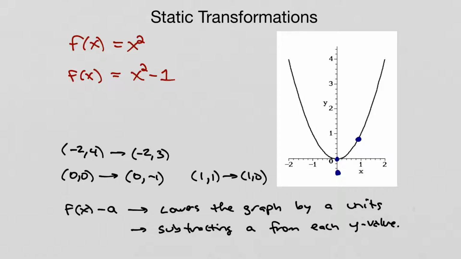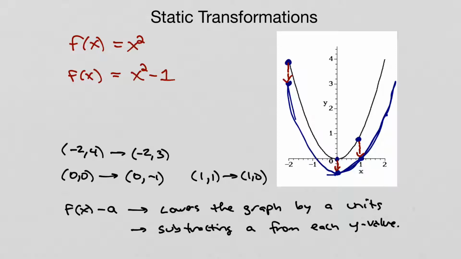This point 1, 1 gets moved down to there. This point negative 2, 4 gets moved down here to negative 2, 3. Right? So now our parabola looks something like this. Okay? So we literally took each point and we dropped it down by 1 unit, like this. Okay? So that's f of x minus a.